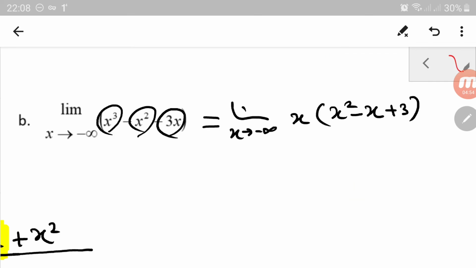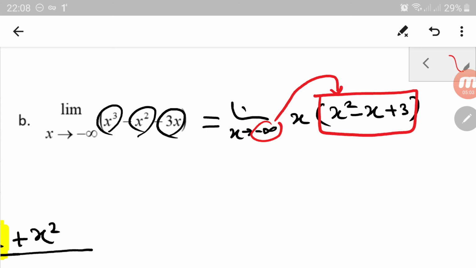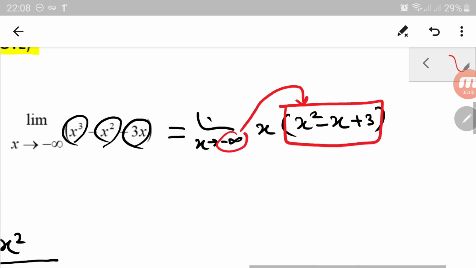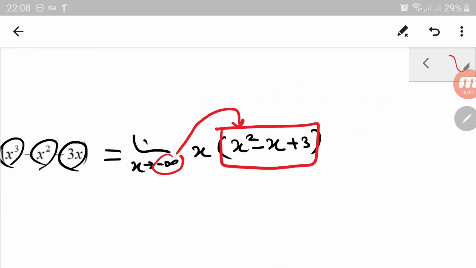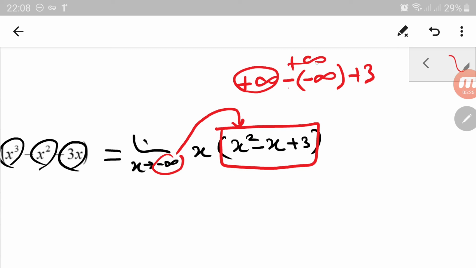Now we try to look inside the bracket only. If we substitute minus infinity into the square, it becomes positive infinity. Next, it's minus the next one, which is minus infinity, plus 3. It's a big number minus a negative big number, so it's plus another big number.